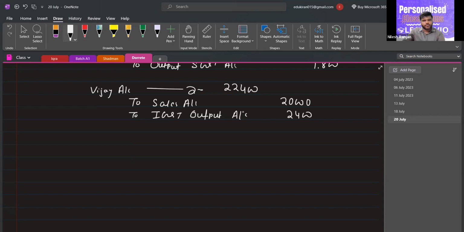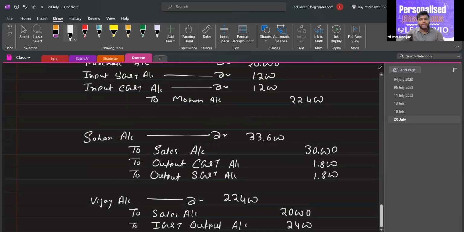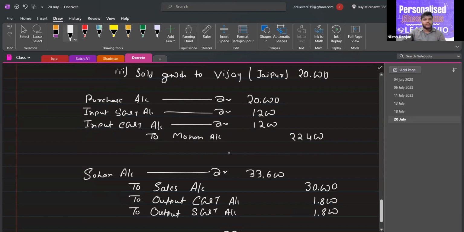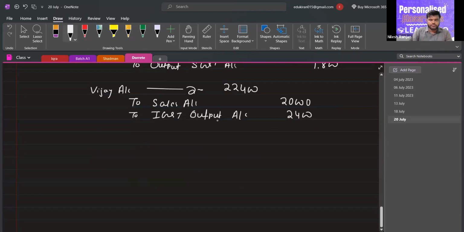Now, after all this, we have to calculate the amount payable. First of all, we will take SGST.